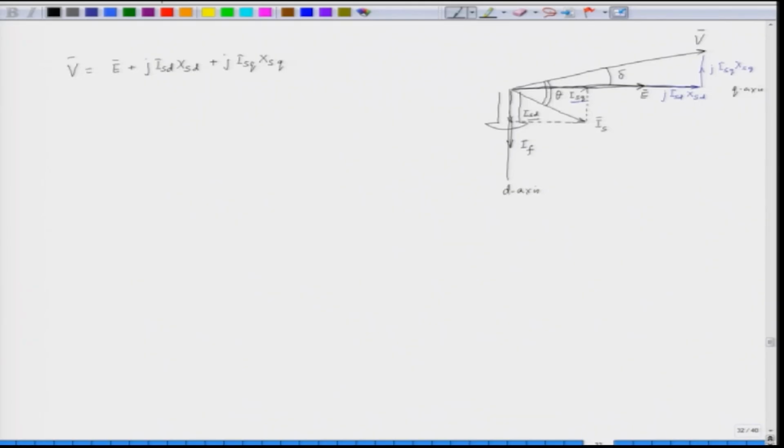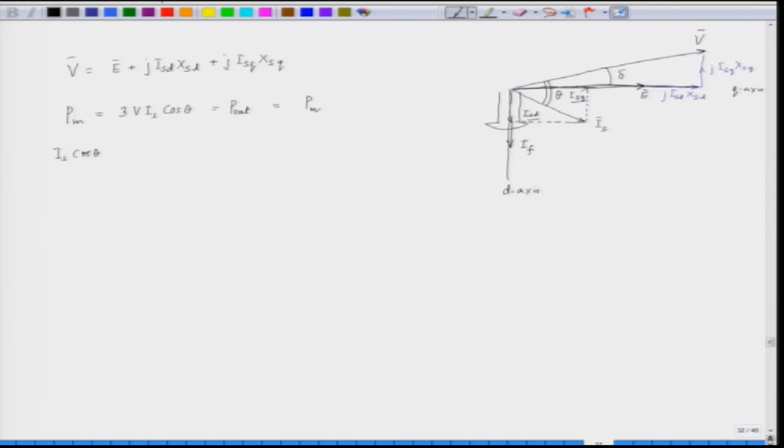So, we can find out as before what is the input power. P input is 3 into V I s cos theta. Since we have ignored the losses, that is equal to P out, the output power, which is equal to the mechanical power also. So, we need to find out what is I s cos theta.